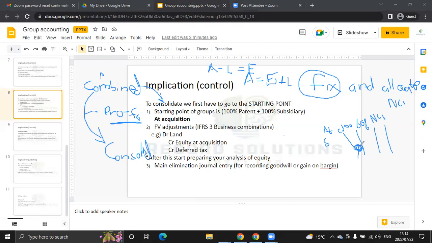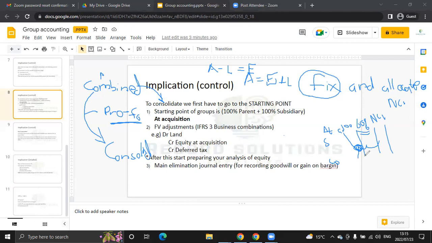And then you're going to allocate this equity to these columns, right? And after allocating it to the columns, you're going to have consideration here. Obviously, this consideration is not for the non-controlling interest. This consideration is only for this column, right? It's not for the 100% column, it's only for this one.